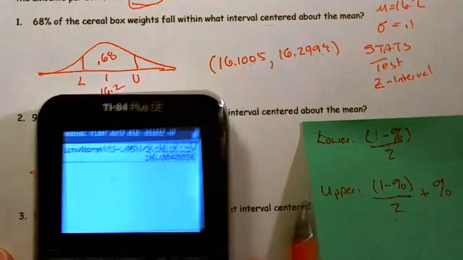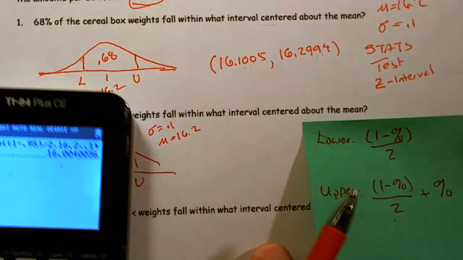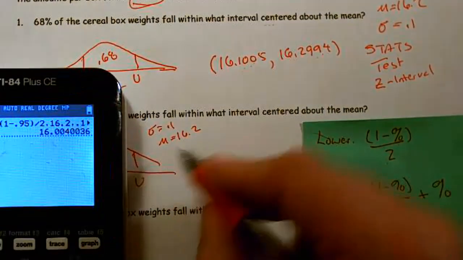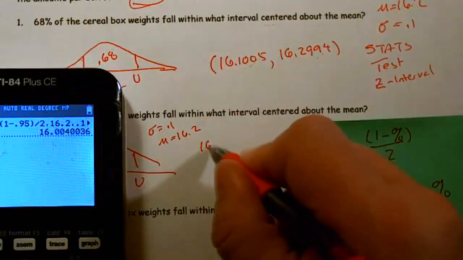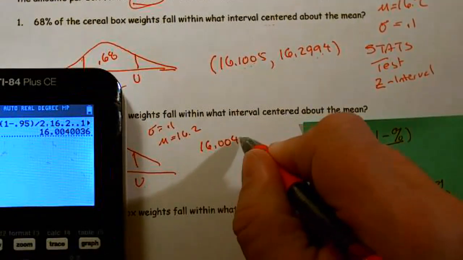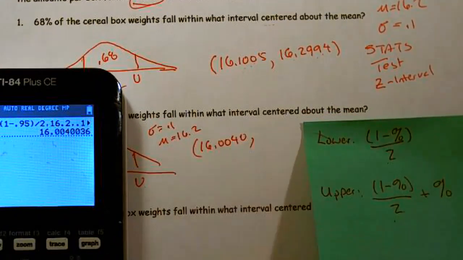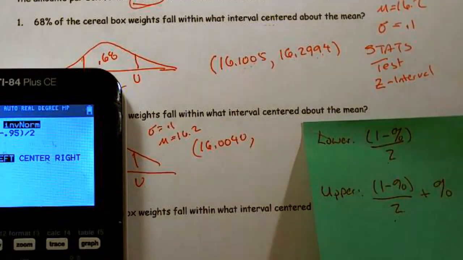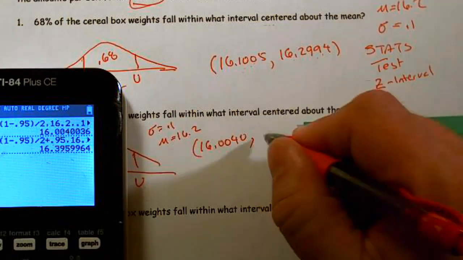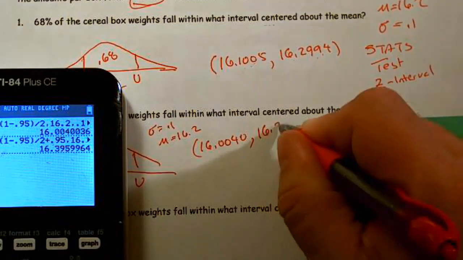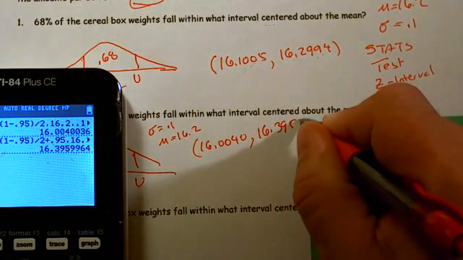And we end up getting a lower bound of 16.0040 and an upper bound. So I'm going to go back to it, second vars inverse norm, and just make you add the 0.95 back. And that's going to be 16.3959.